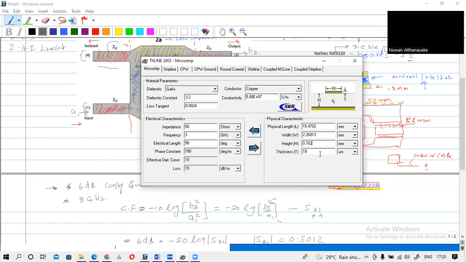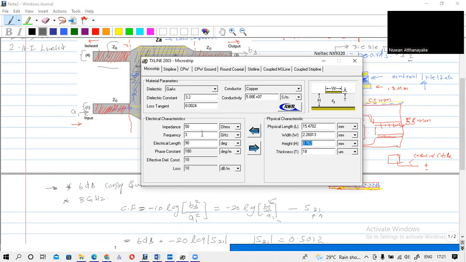We also have the copper thickness, which is normally around 18 micrometer in the market, so I have put that also. Very importantly, the dielectric constant, impedance, and height, these three parameters are very important. Others will affect but not much.